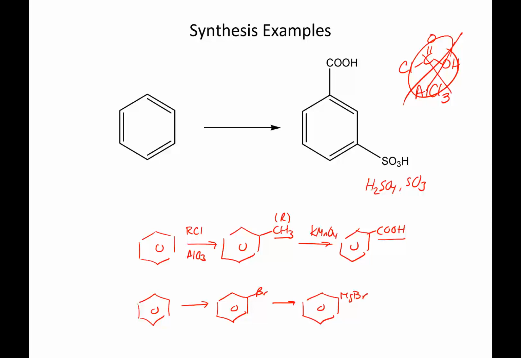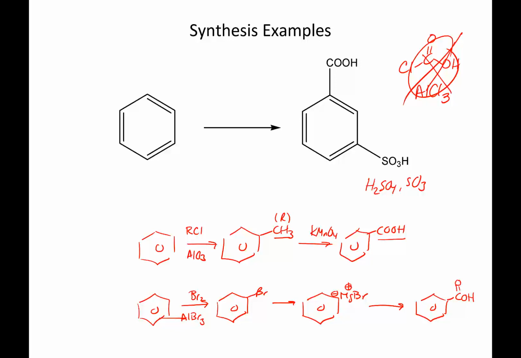The next one we have to think back a little bit further in our memories. Fortunately, you have me here to jog that memory. So here's a three-step scheme to get a carboxylic acid group on the ring. How do I put the bromine on the ring? Br2, AlBr3 or FeBr3.